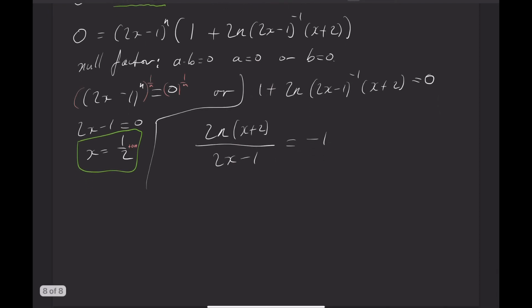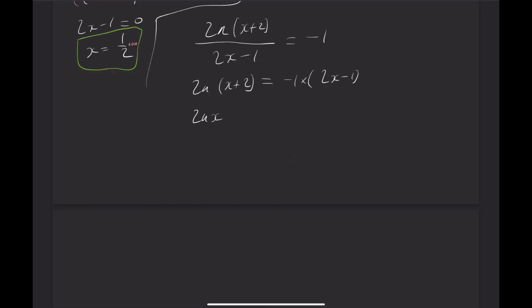Now let's get rid of that fraction: 2n(x plus 2) equals negative 1 times (2x minus 1). I've just multiplied by this denominator. I'm going to expand all my brackets now. I get 2nx plus 4n equals negative 2x plus 1.